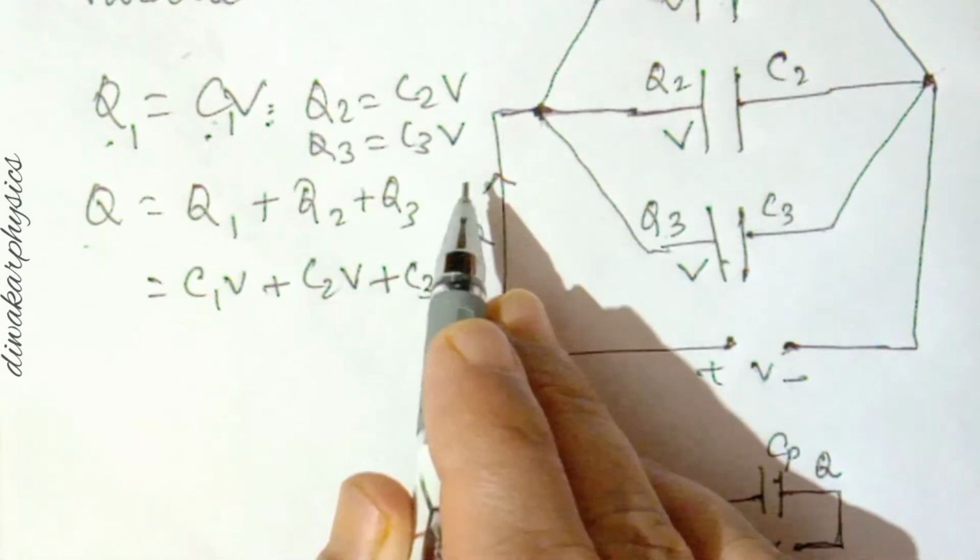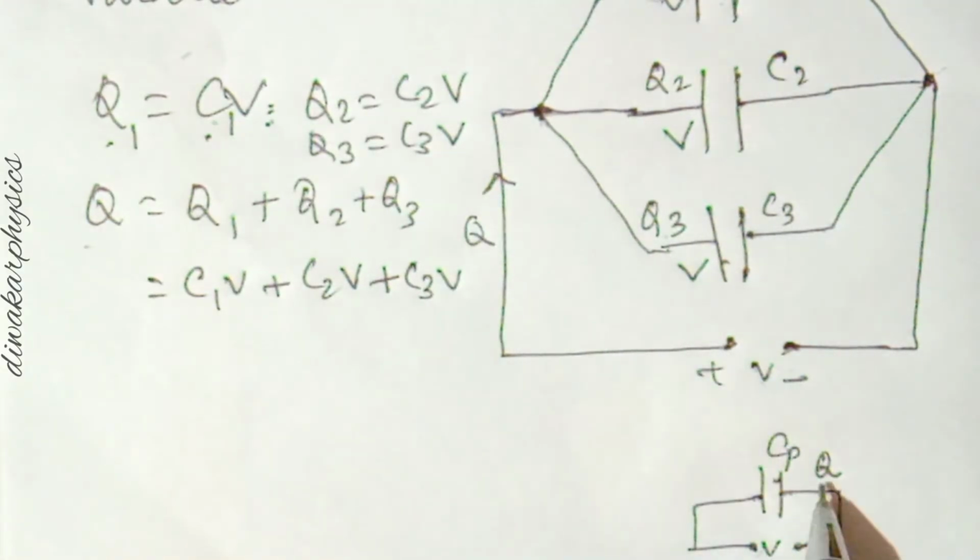It is sending Q, so here also it is sending Q to that capacitor. That's why I have taken this capacitance CP, the parallel equivalent of capacitance.